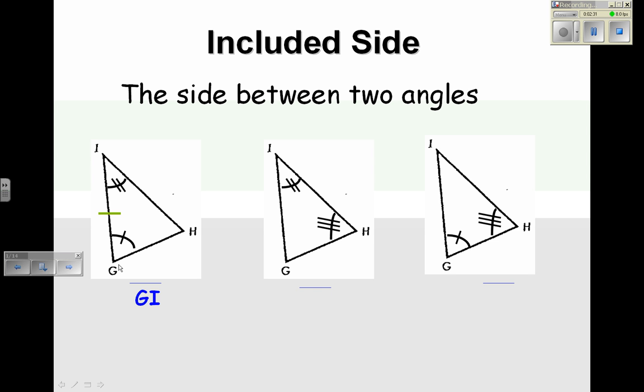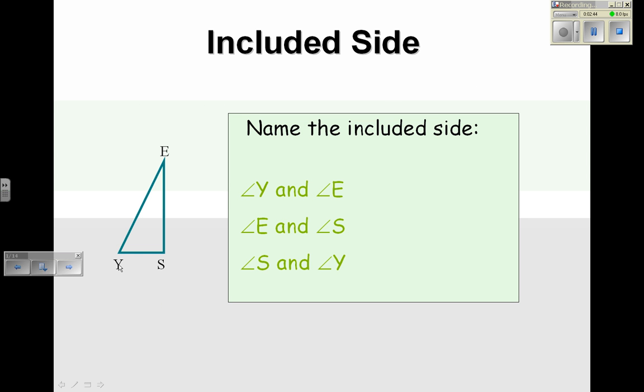The next one, HI is the included side. And the last one, GH is our included side. So between Y and E, those two angles, we have segment YE. Included between angle E and angle S, segment ES, and between S and Y, we have segment SY.